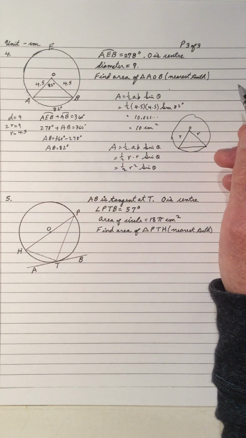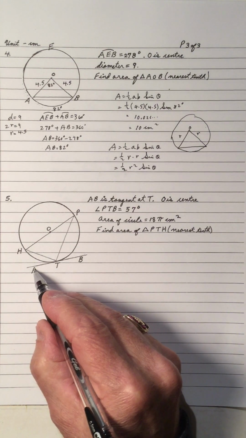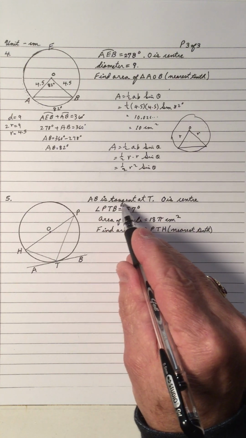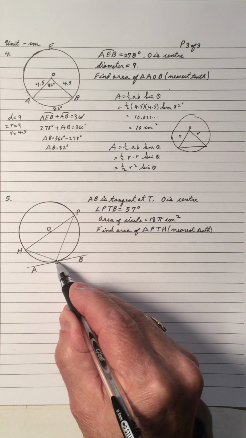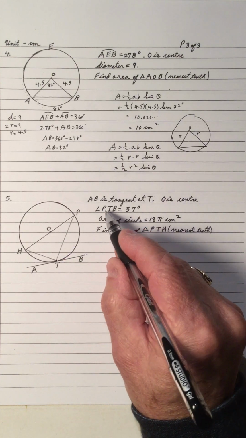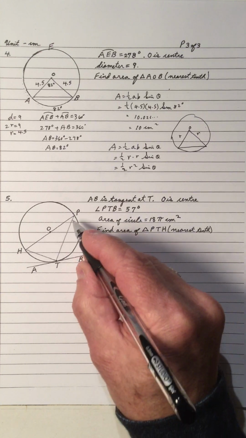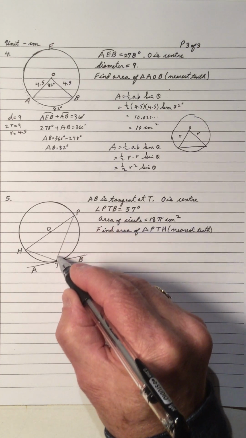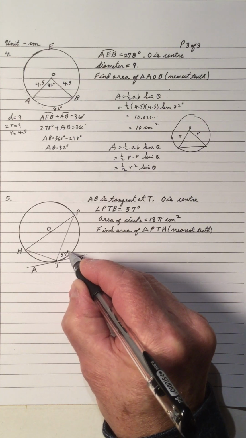Number 5, this AB is tangent at T, touching the circle at one point. O is the center of the circle. The angle PTB, so this angle right here, is 57 degrees.